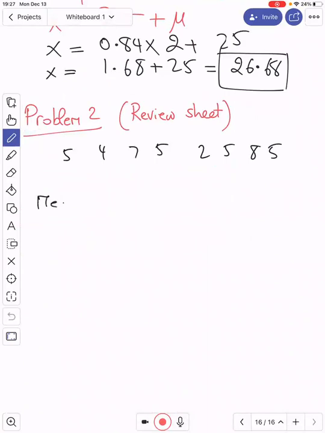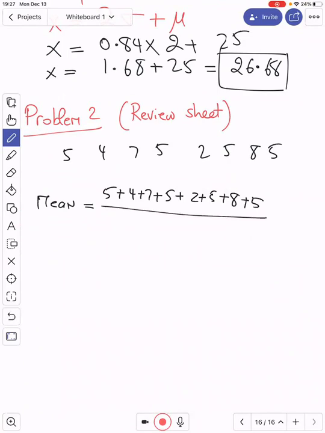So the mean, guys, is just the sum of all the data values, plus 2, plus 5, plus 8, plus 5, and we have 8 numbers, so we're going to divide by 8, right? The median first. I'm going to do the median first.